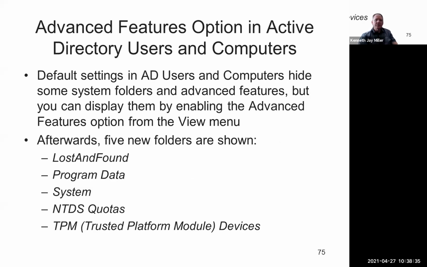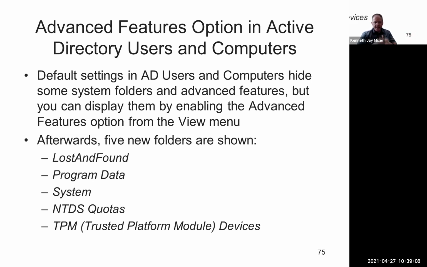Okay. Now, default settings in Active Directory Users and Computers will hide some folders, an advanced feature, but they can be turned on. There's a Lost and Found. If a file or a system gets changed to something that doesn't exist, it will go in the Lost and Found.